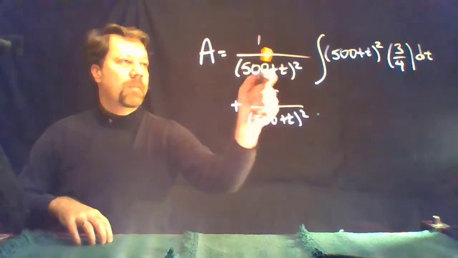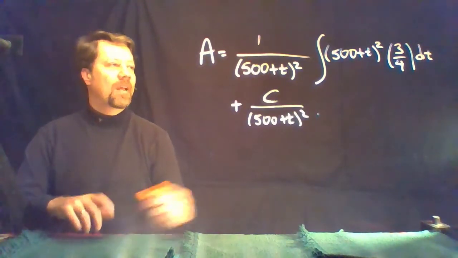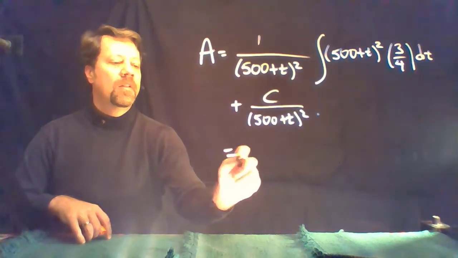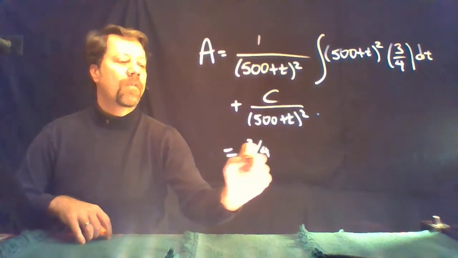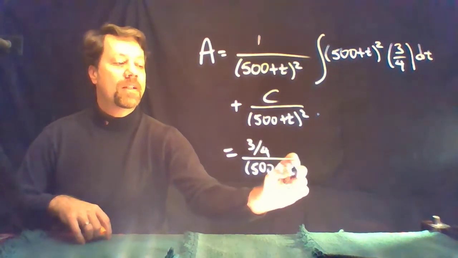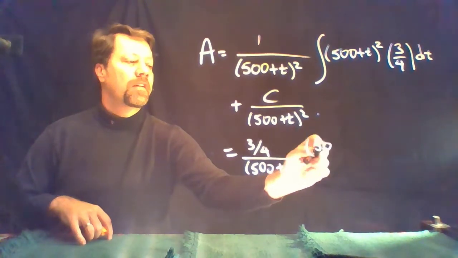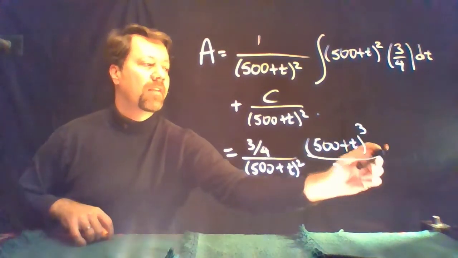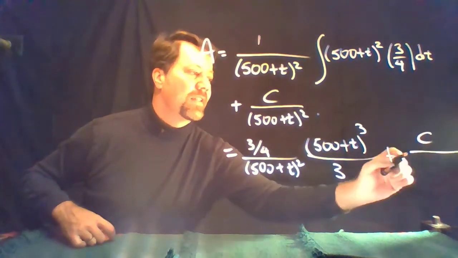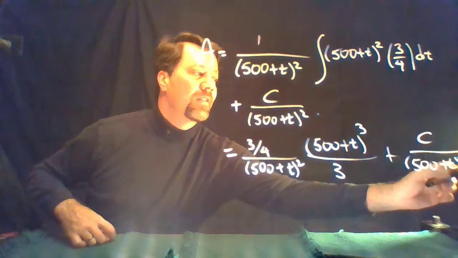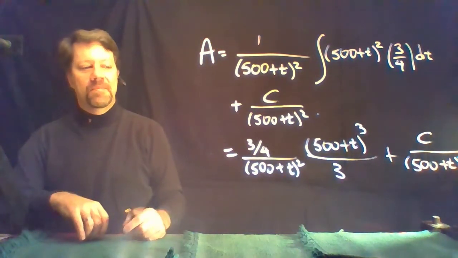The 3/4 can be brought out of the integral, and when we integrate 500 plus t squared, we'll have this 3/4 divided by 500 plus t quantity squared, 500 plus t cubed over 3, plus the constant c divided by 500 plus t quantity squared.